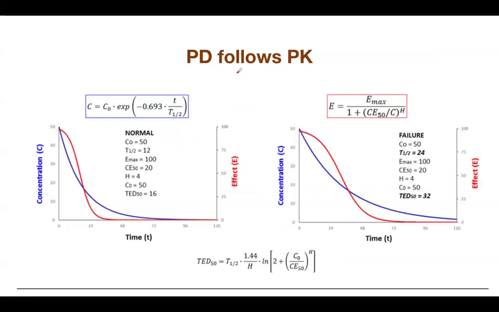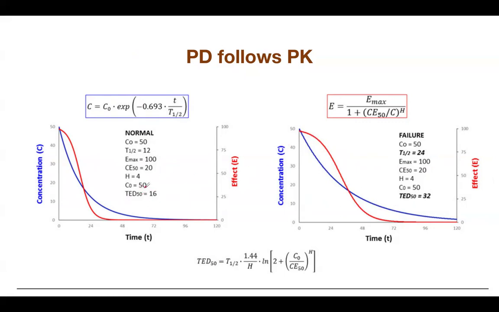After pharmacokinetics, we need to understand that pharmacodynamics also changes. And here we must appreciate that pharmacodynamics mostly follows the pharmacokinetic changes. Here, this is a normal situation, but here it is a deteriorating kidney function. We can see the changes in the curve, both in the concentration and the effect.